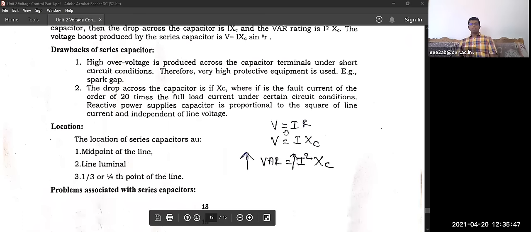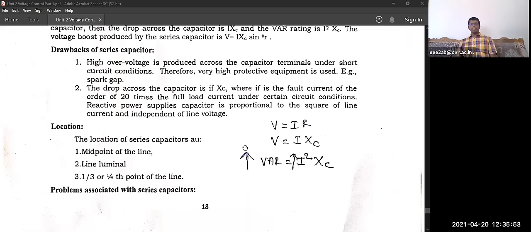You know V is equal to IR, so here it is XC, the reactance. When this VAR is increased, the current is being squared. So the reactive power supplied by the capacitor is proportional to the square of the current and independent of the line voltage.